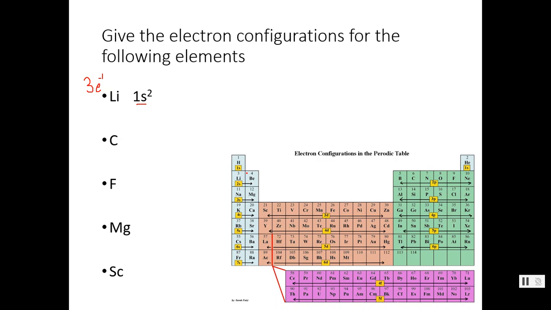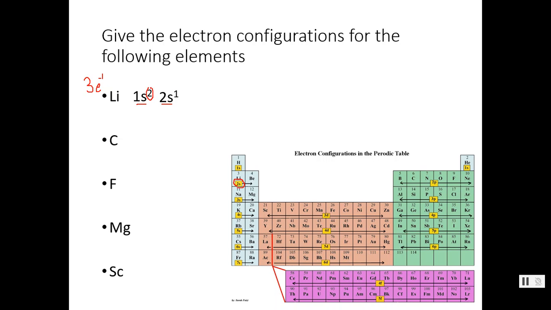I can't place it in that 1s orbital because my little key here on my electron configuration says that I have filled up all my 1s orbitals already. So that 1 electron for lithium has to be in a 2s orbital. So my final electron for lithium gets placed in a 2s orbital, and so 2s1.